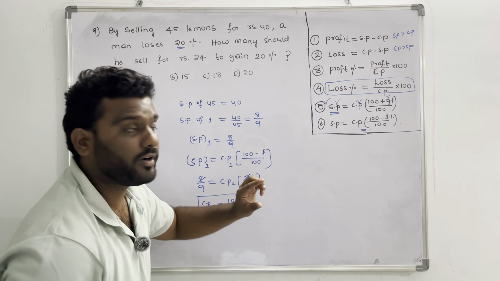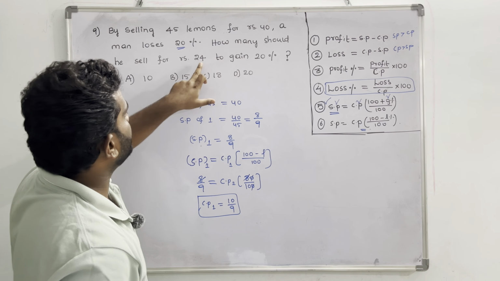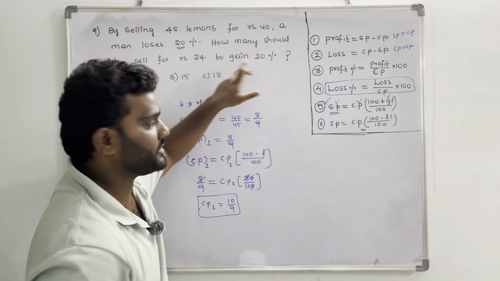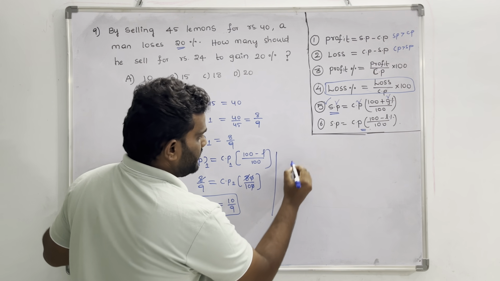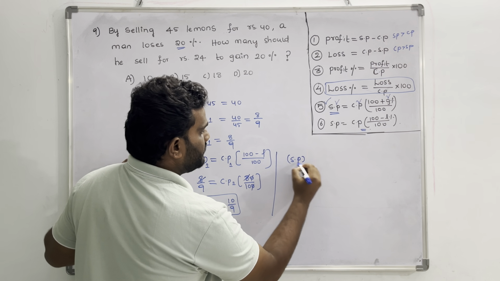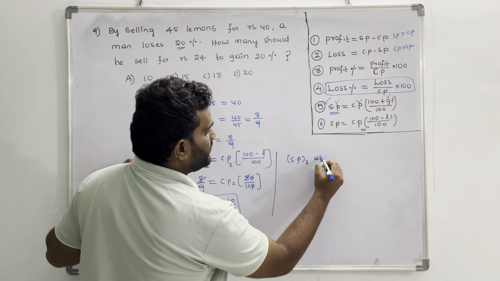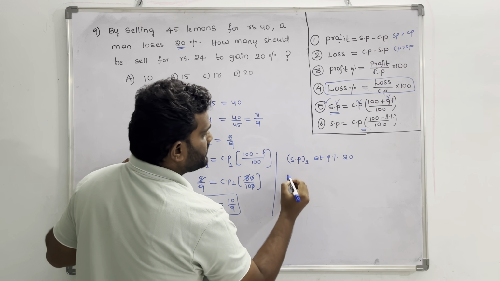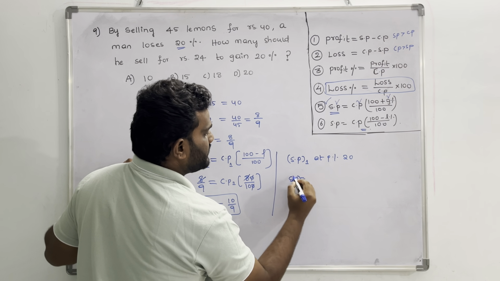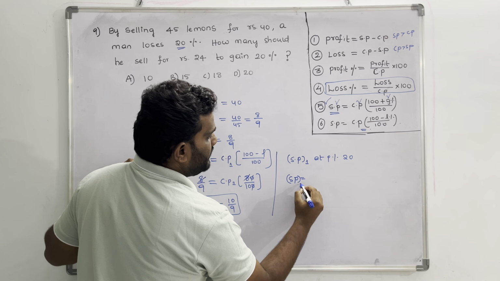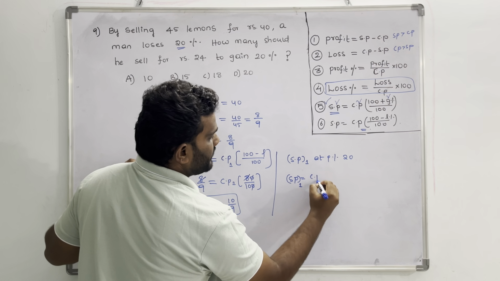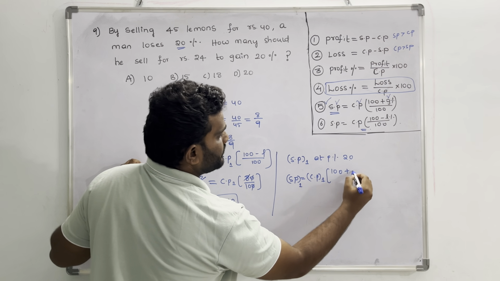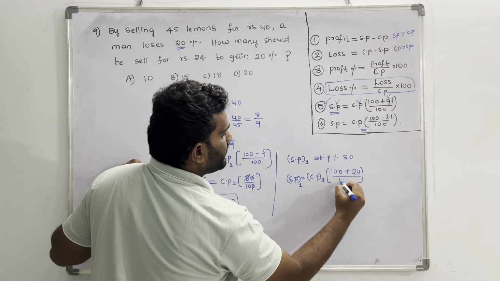Now what do you have to find? The selling price of 1 lemon at a gain of 20%. Find the selling price of 1 lemon at profit percentage 20. So what is the formula? Selling price is equal to the cost price of 1 at a gain percent, 100 plus 20 by 100.